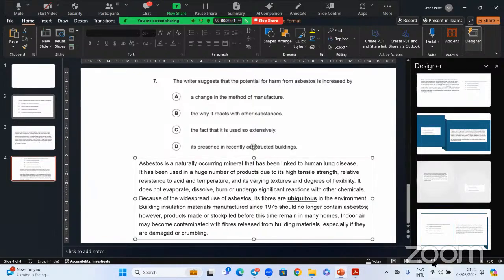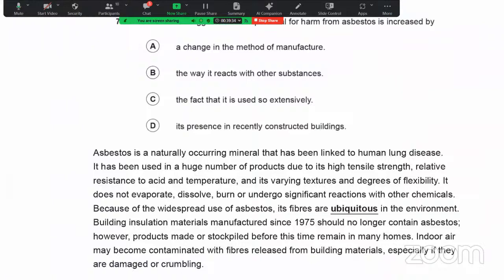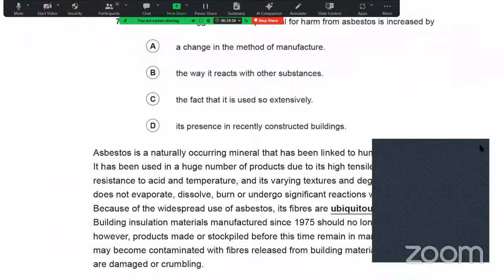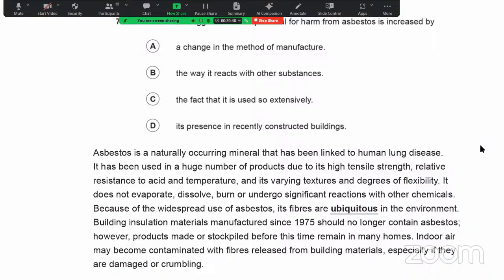So both of them I'm bringing forward for you. Now check your answer.